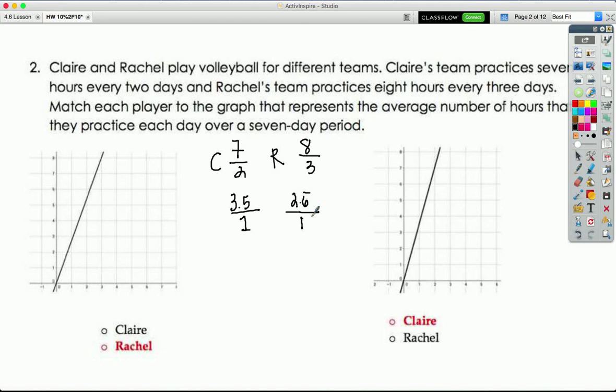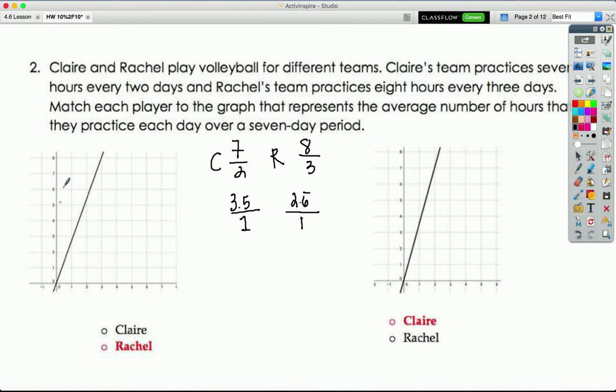So on the graph, depending on how it's labeled, we could look at either one of these. But because these are counting up by 1s on both of the axes, I can't necessarily always see these decimals. So I'm going to try the original rate of up 7 over 2.